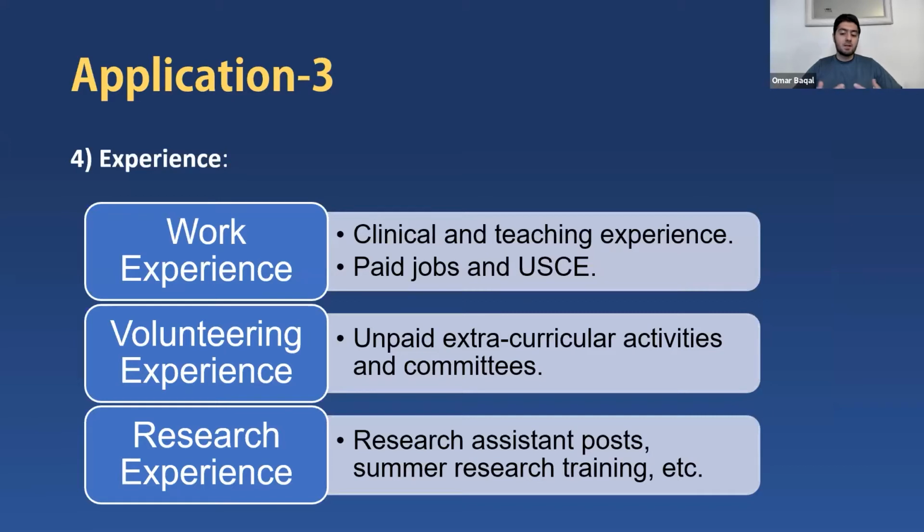Volunteering is any extracurricular activities; you might have served on any student committees, student groups, organizations. It all goes there. Keep in mind, there are short-term experiences and long-term experiences. Let's say you volunteered for an event for 2 days, and on the other hand, you served on a student educational committee for a year or two.